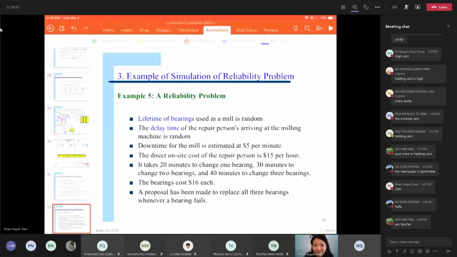That is not good. A better one is preventive maintenance, which means we take care of the machine and replace the part before it's down, because breakdown events are very costly for the factory.